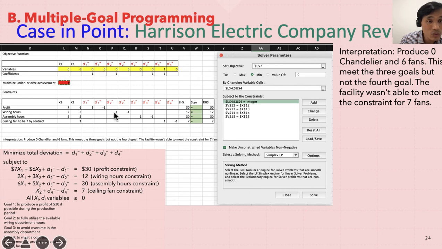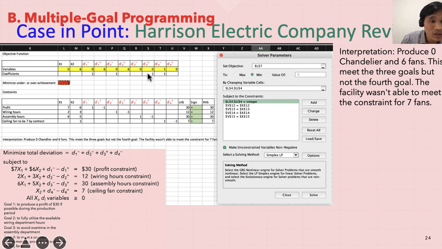So where is D1 minus, right? D1 minus is 0, so they minimized it. And D2 minus was minimized here, 0. And D3 plus was 0.